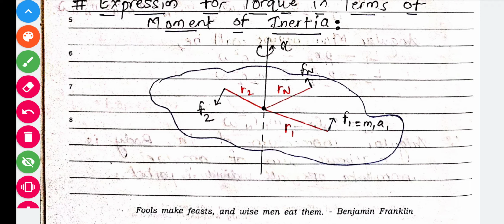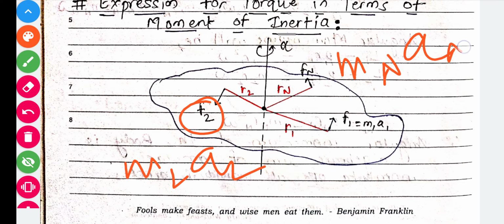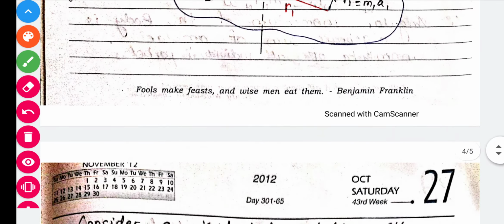The important thing to notice is that particle 1 will experience some force, F1, in the direction tangential for this particle, and that is a linear force, and its value is m1 a1. This is a1, the linear acceleration. Similarly, particle 2 will experience a force m2 a2, and the nth particle will also experience a force mn an. That we have to keep in mind.